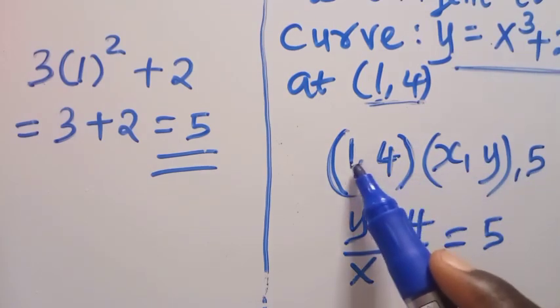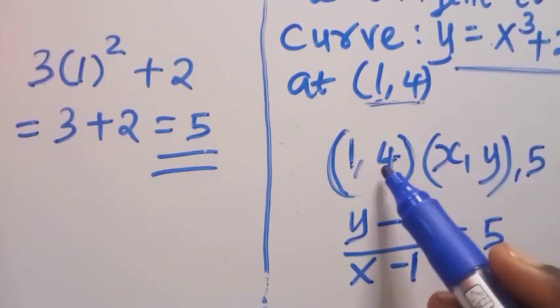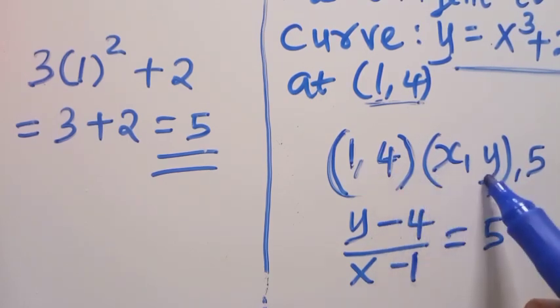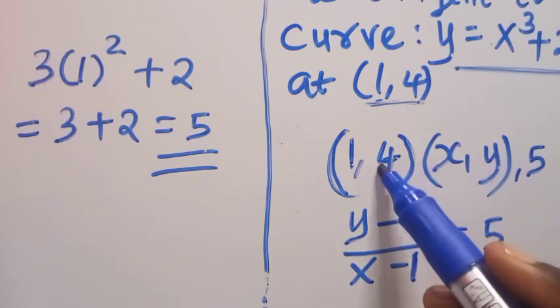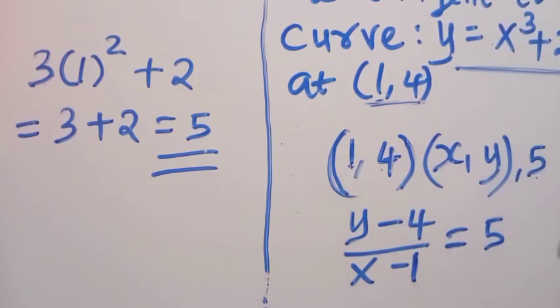So change in y over change in x equals 5, and we can say this 5 is over 1. Then you can interchange.